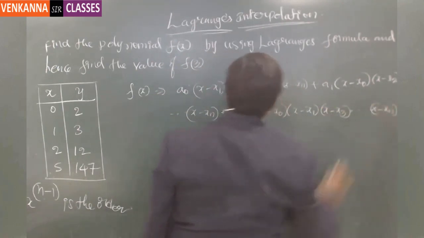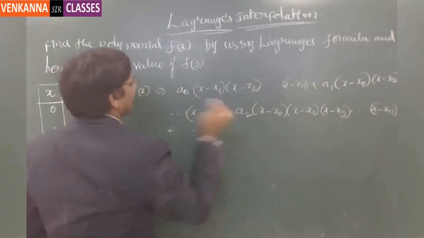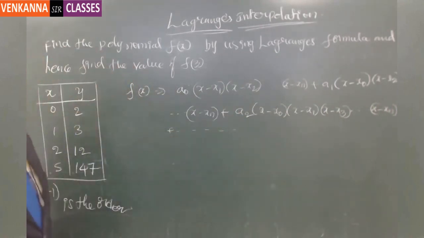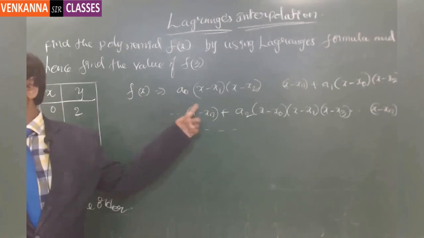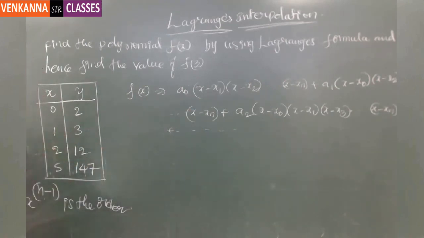Like this the polynomial will continue. This is how you can put the polynomial, and the unknown values of a0, a1, a2 you can find out by substituting these values.